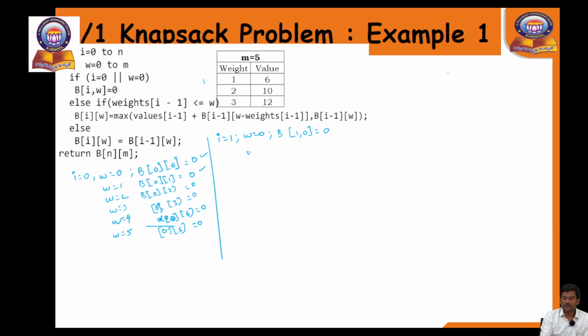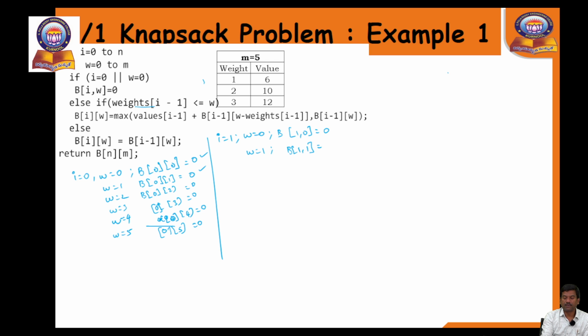And similarly, when you take the value of w equal to 1, that is you'll be finding b of 1 comma 1, because i is equal to 1, and similarly w is equal to 1. Then in such cases, you should be checking the condition: if weights of i minus 1 is less than or equal to w. What does this mean?